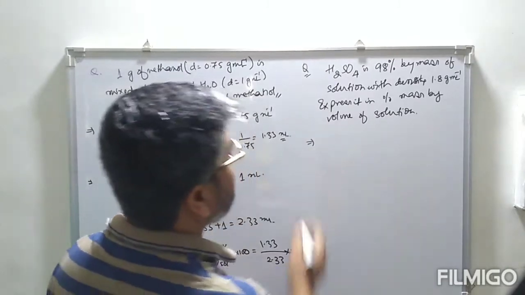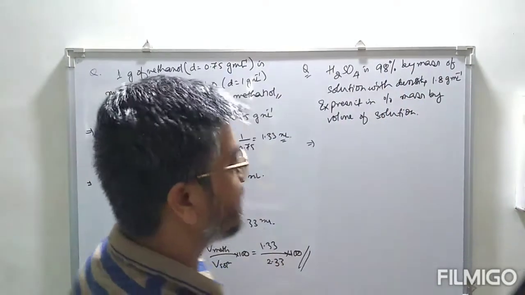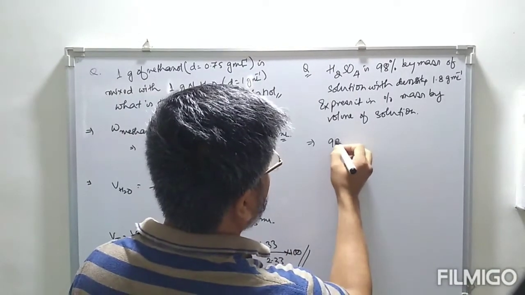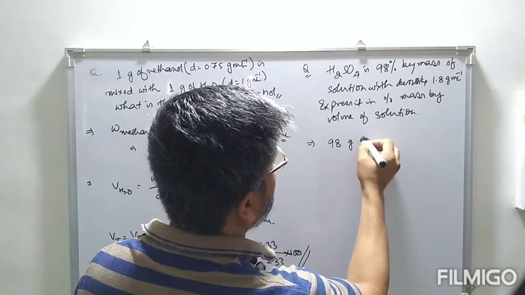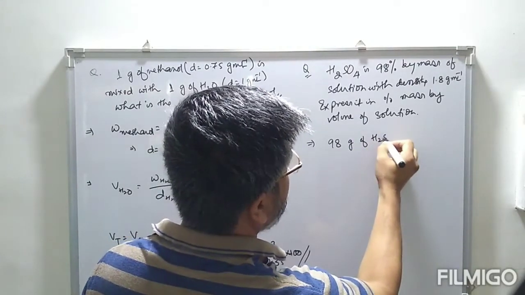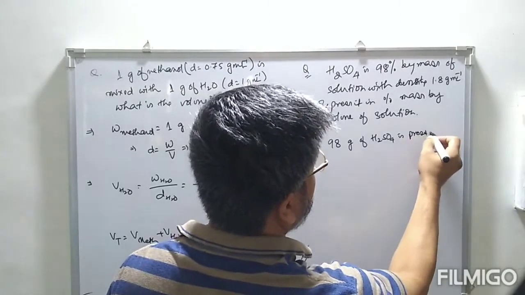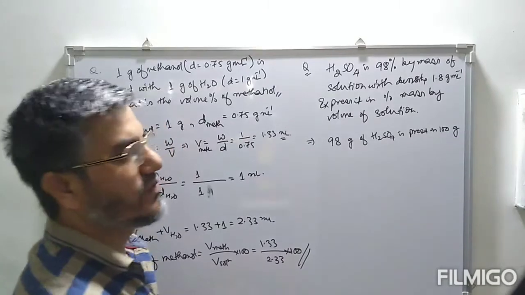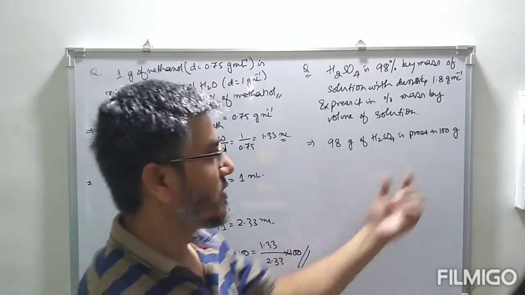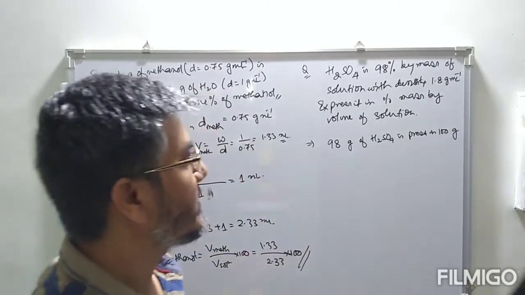So first, 98% by mass of solution means 98 gram of sulfuric acid is present in 100 gram of solution. So in 100 gram of solution, mass of sulfuric acid is 98.